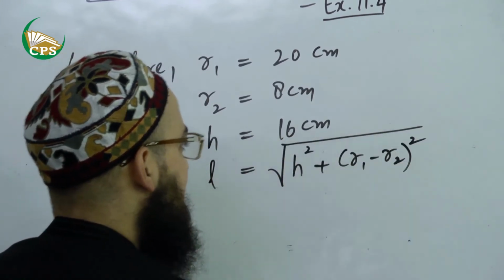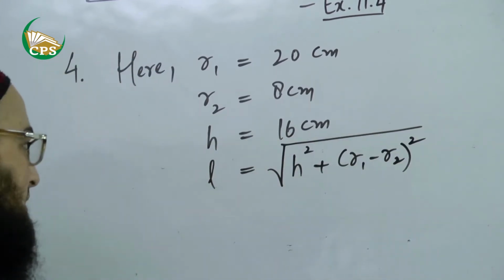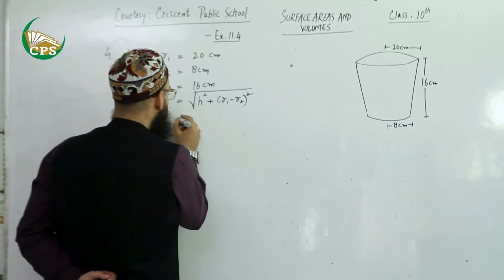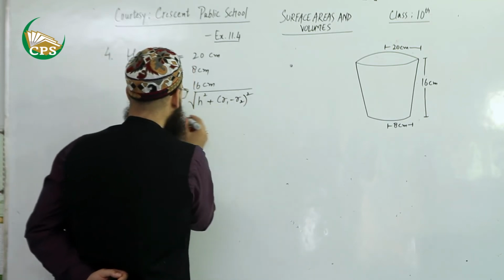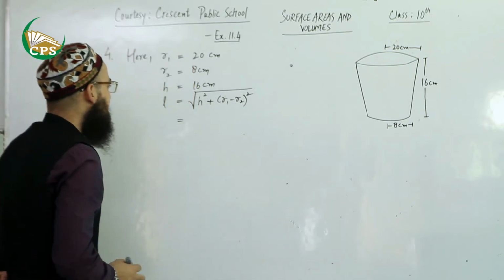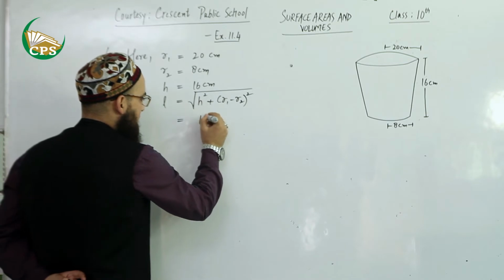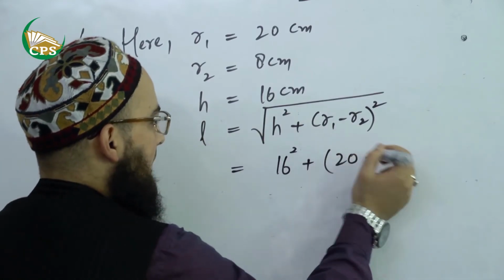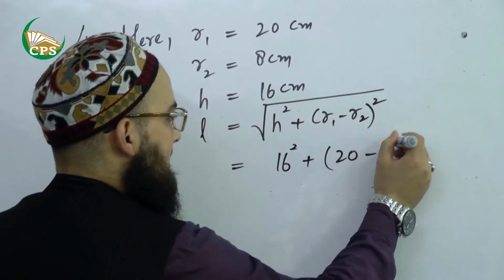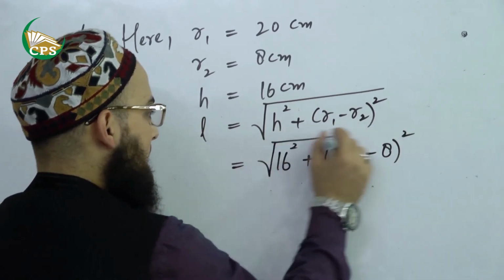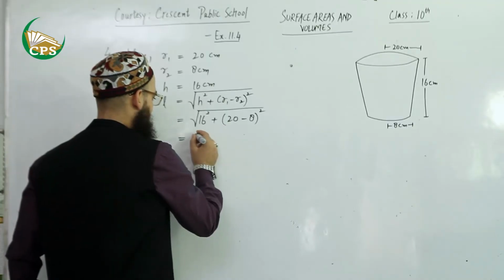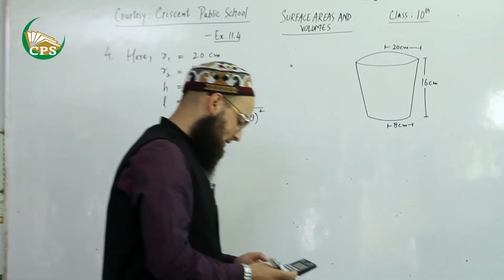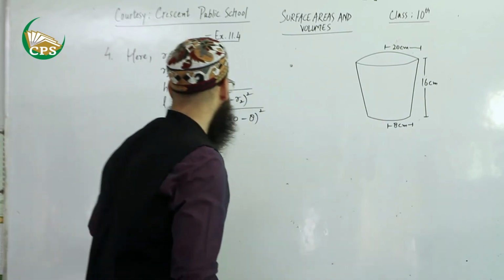This will give you the slant height of this frustum. h is 16, so 16 square plus r1 is 20 minus r2 is 8, then whole square. So you have 20. So slant height is 20 centimeter.